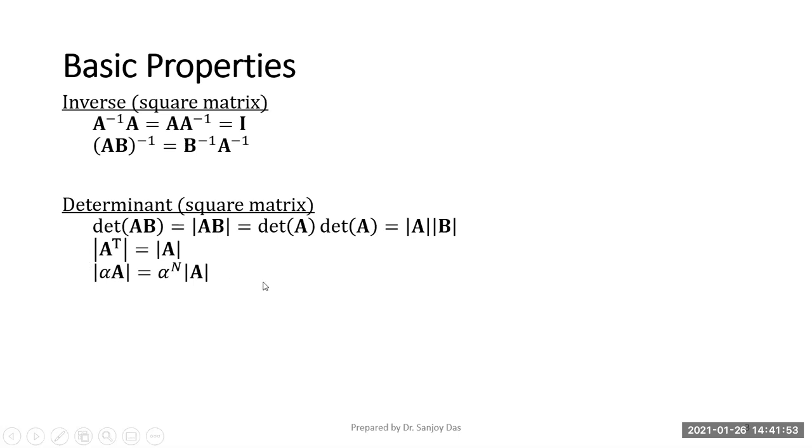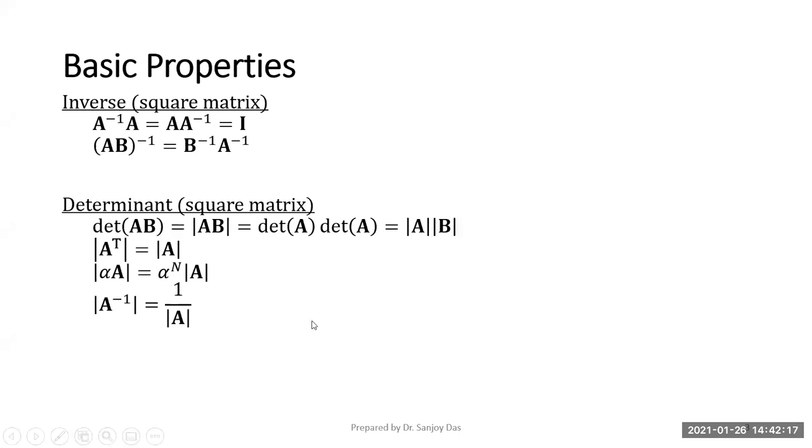It depends on whether it's an even size or an odd size matrix. Determinant of negative A will be determinant of A if it's a 2 by 2, 4 by 4, 6 by 6 matrix. If it's a 3 by 3 matrix, 5 by 5 matrix, etc., then determinant of negative A would be negative of determinant A. Remember this.